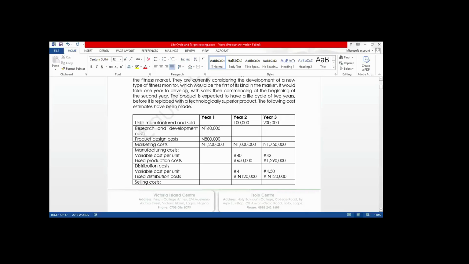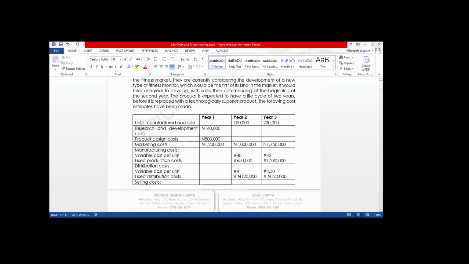If you look at the first column, units manufactured. Year 1 is to develop the product, so nothing was manufactured in year 1. Production will commence in year 2 and year 3. In year 2, units manufactured and sold are 100,000 units. Year 3, 200,000 units.